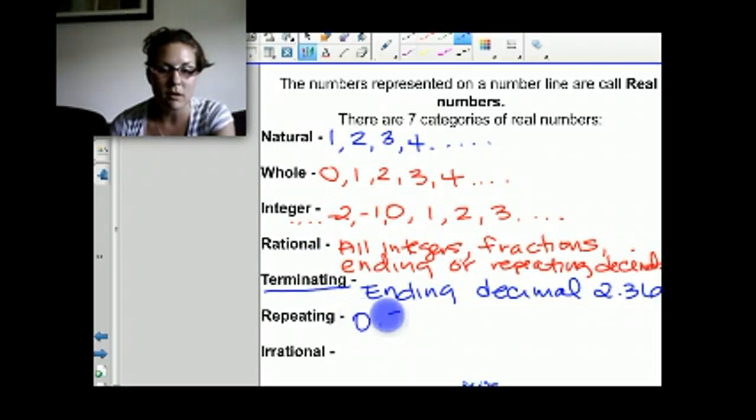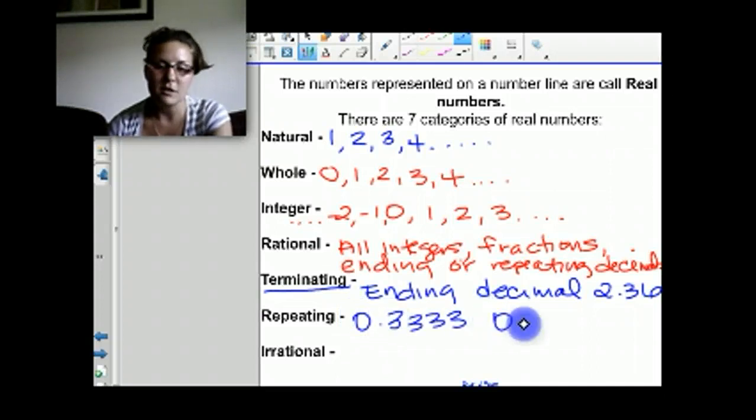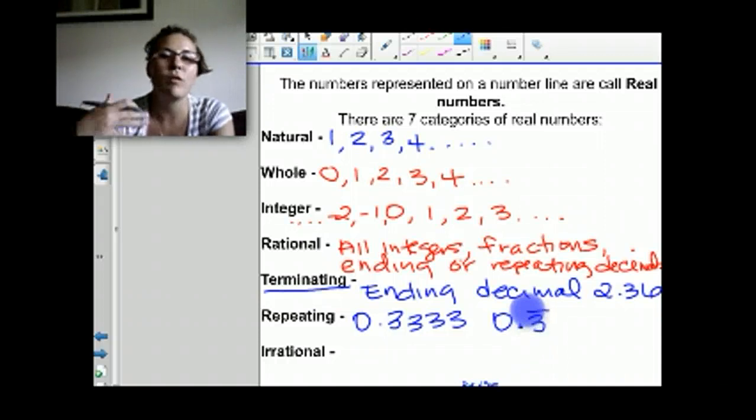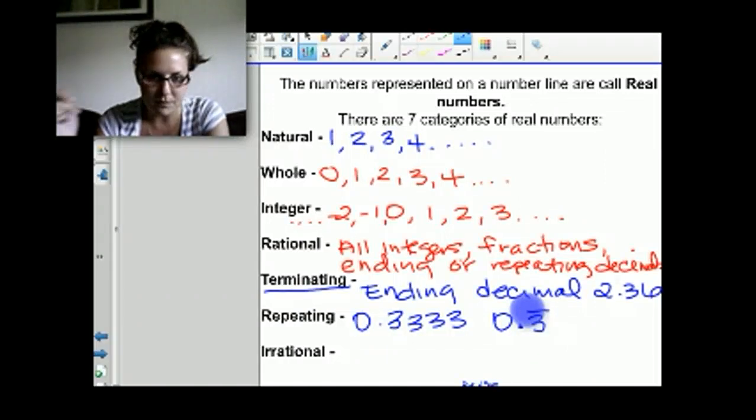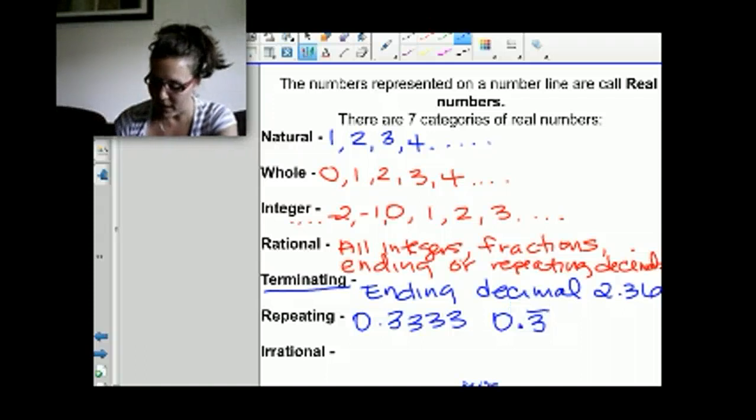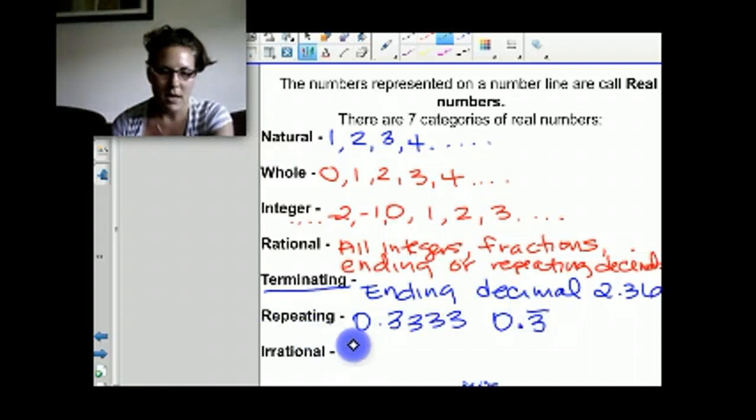We're at 0.3333, it continues to go. It's denoted as 0.3 with a bar over whatever number repeats itself. Finally, the irrational numbers can't be written as fractions.